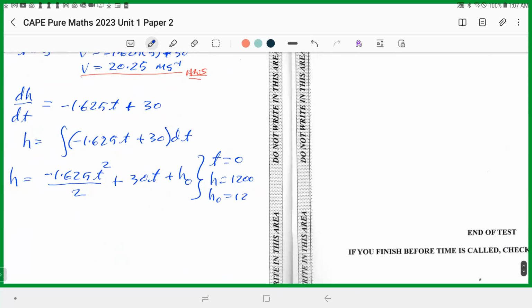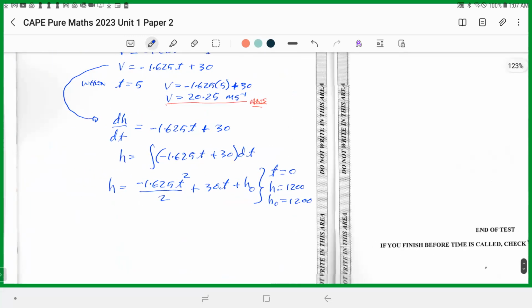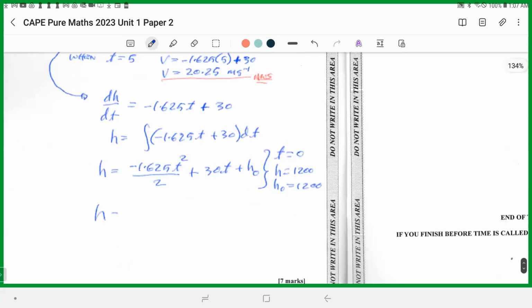All right, so the formula for the height becomes negative 1.625 t squared over 2 plus 30 t plus 1200.